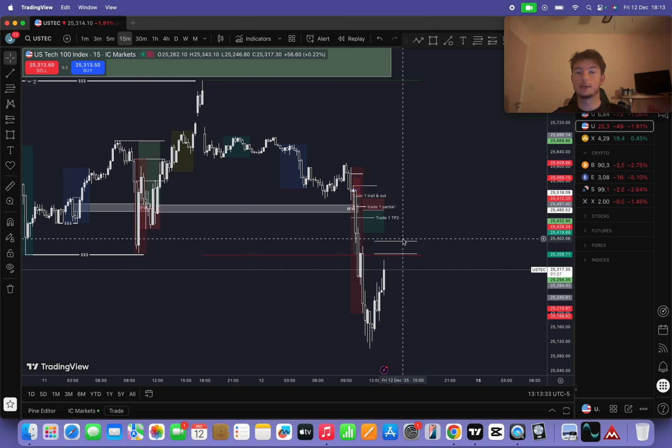Is the type of price action at the moment optimal? Is it worth just sitting out?